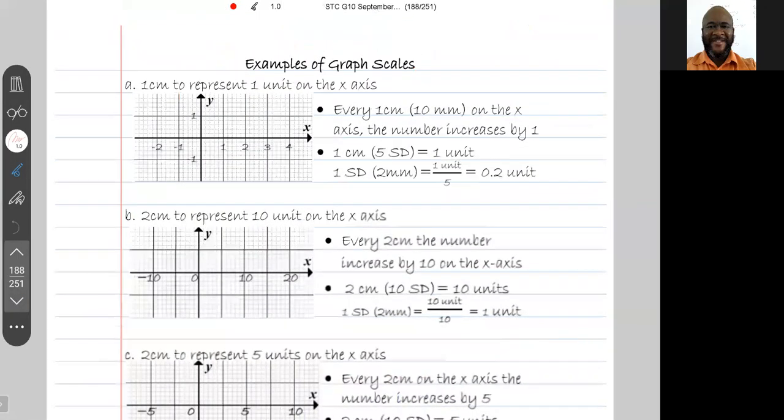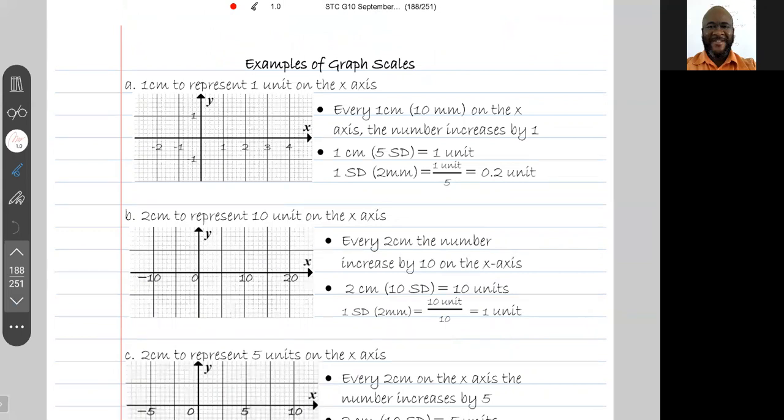All right, here are some examples of graph scales. The first one is 1 centimeter to represent 1 unit. Now, 1 centimeter to represent 1 unit on the x-axis means that on the x-axis, every centimeter, the number increases by 1.